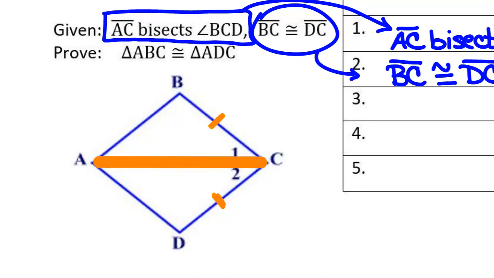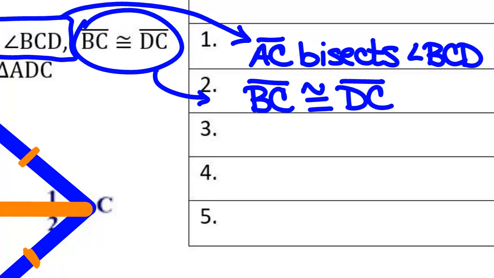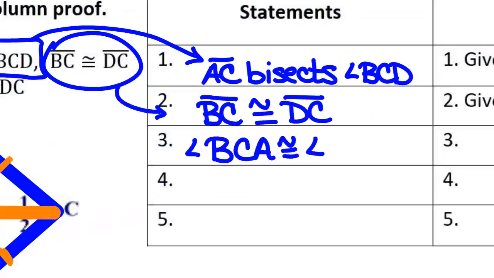What does it mean that AC is bisecting this angle here? It's cutting it exactly in half. So what would that mean about angles 1 and 2? They are congruent. So angle BCA is congruent to angle DCA.